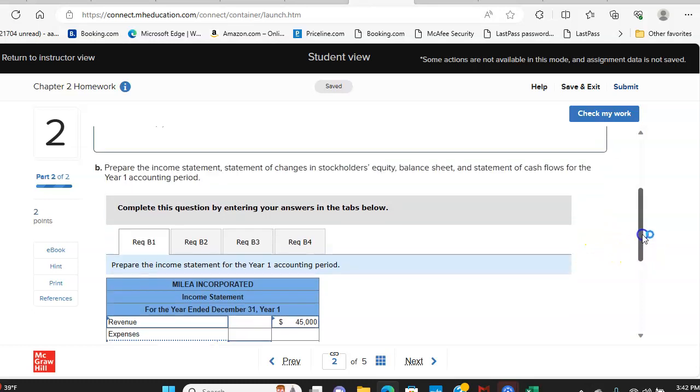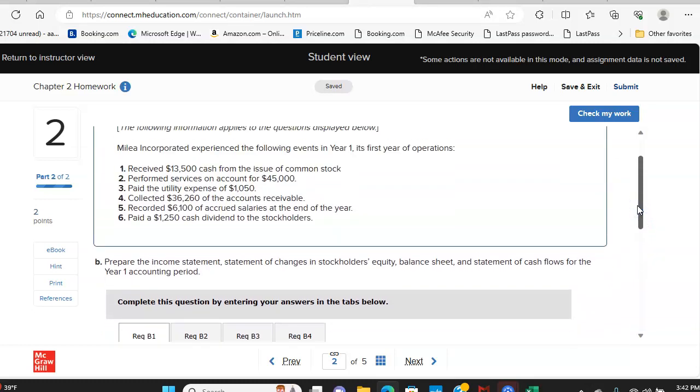So now we look at our expense transactions. Let's see which transactions identify expenses. I'm going to give you a hint. Most of your expense transactions will have the word expense in them. Aha! Like number three, pay the utility expense of $1,050.